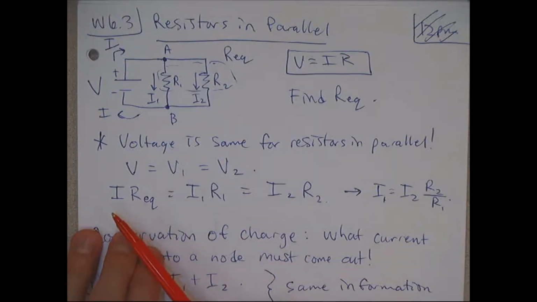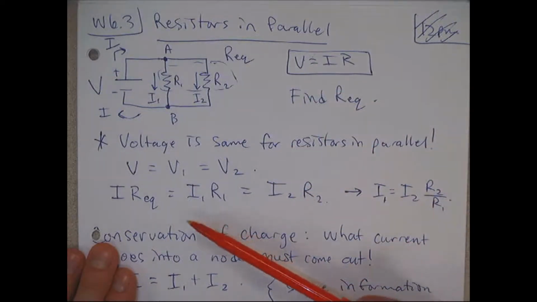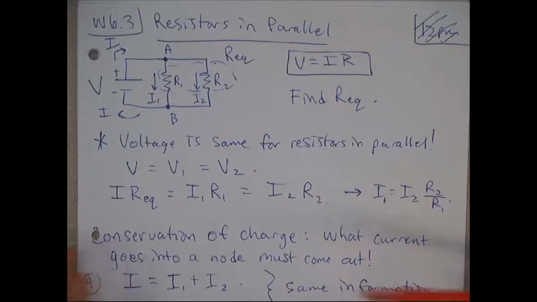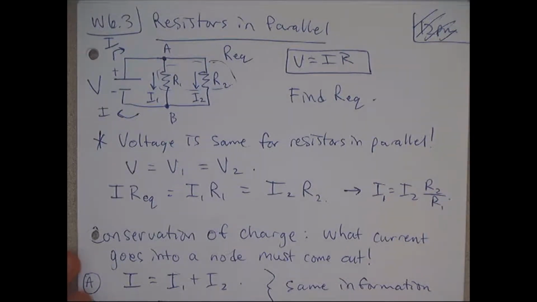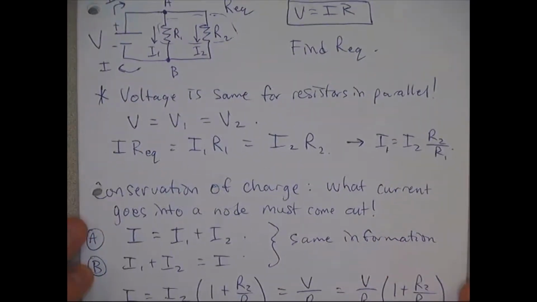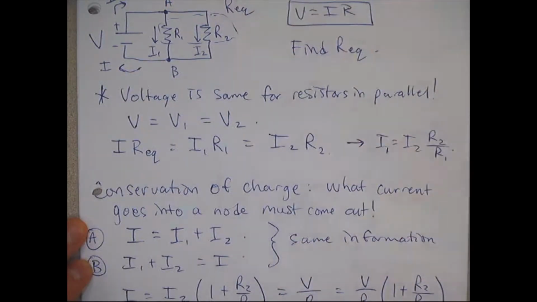Ohm's law gives us that IR for the equivalent circuit will equal I1R1 and will equal I2R2. So we have this proportionality between the currents and the resistances, but we must now apply this concept that all of the current going into a node must come out.